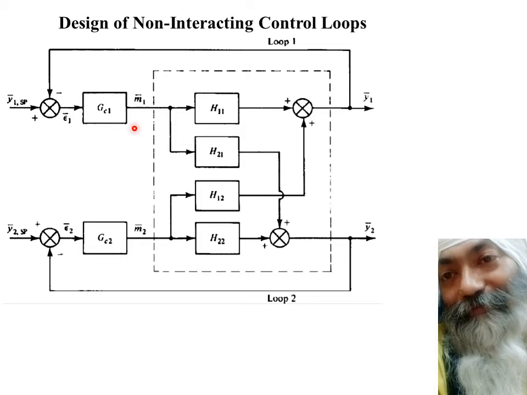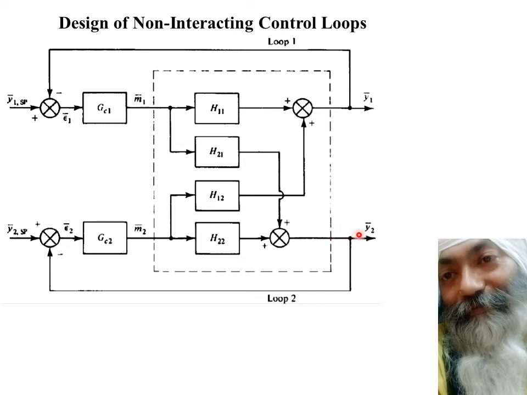As you can see from here, you have this manipulated variable m1. The moment this m1 is changed to control y1, this m1 inadvertently acts as a kind of influencing agent, and it happens to disturb y2.